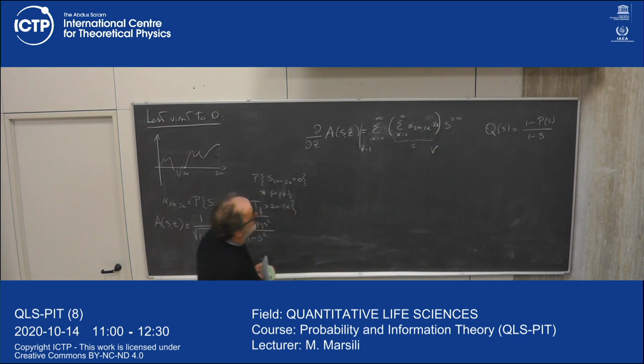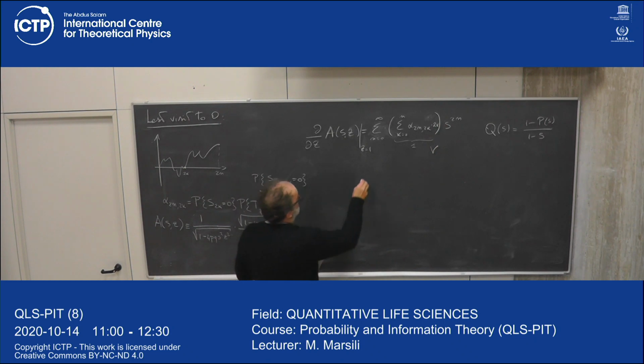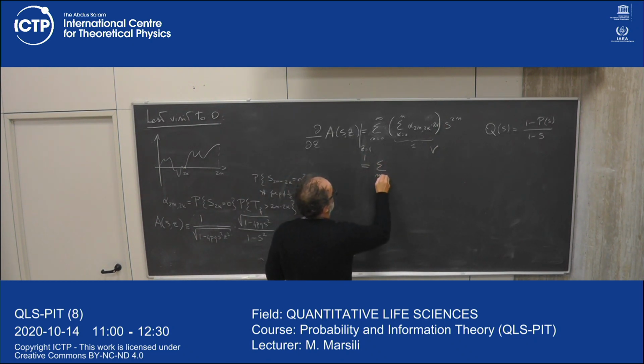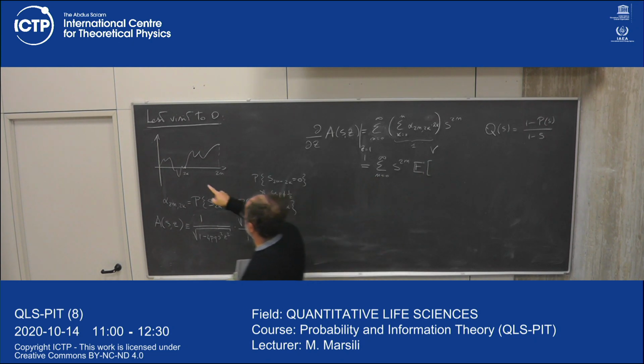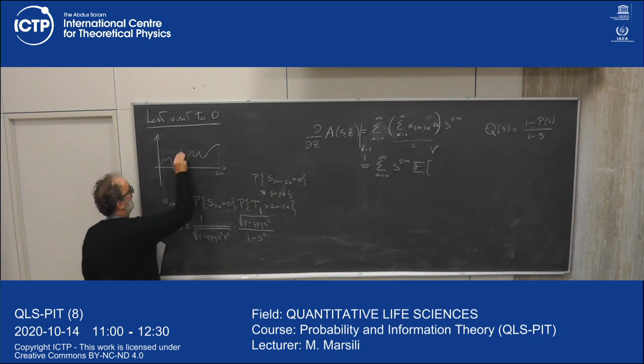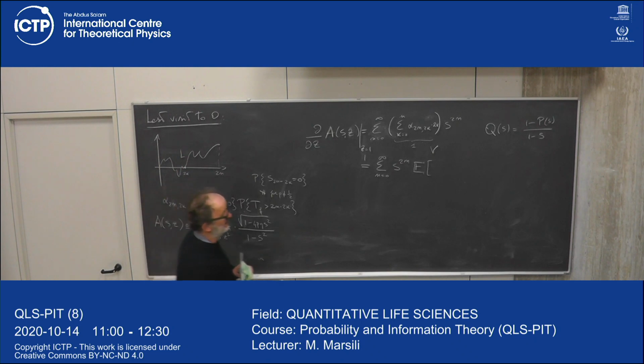So this essentially gives me the sum over n from 0 to infinity of s to the 2n times the expected value of the time, let me call it L, of the last visit.